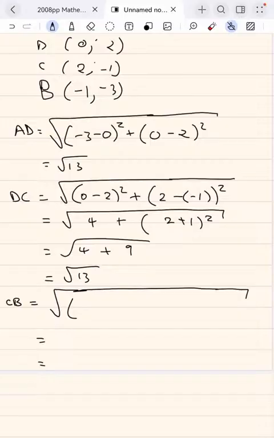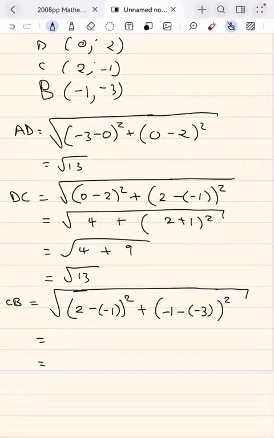X of C is 2 minus X of B is minus 1, all squared, plus Y of C is minus 1 minus Y of B is minus 3, all squared.